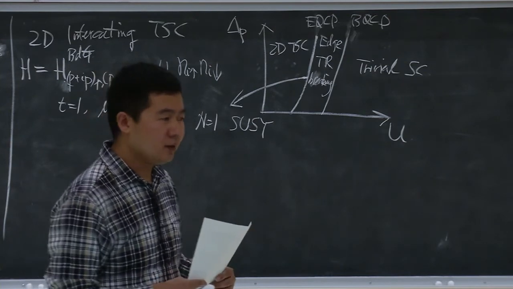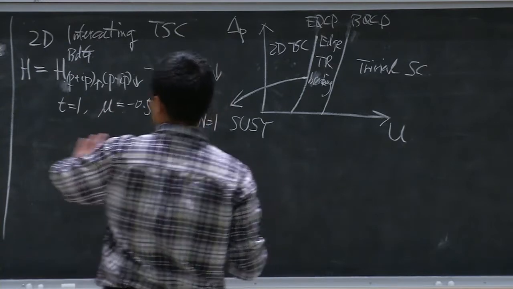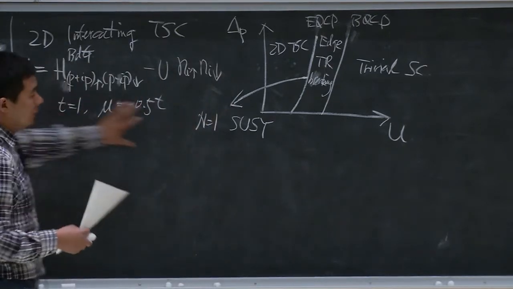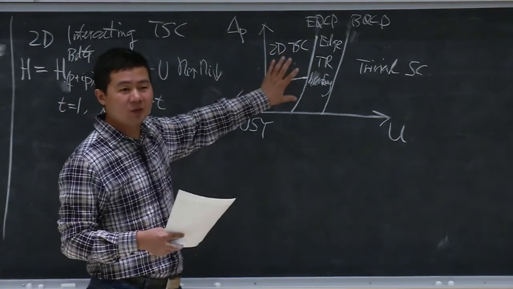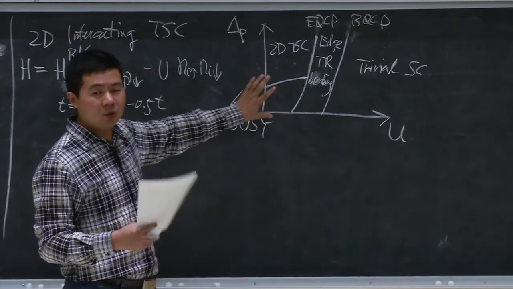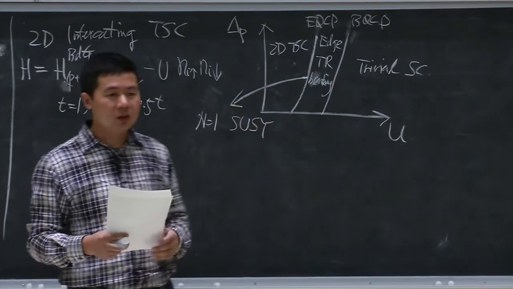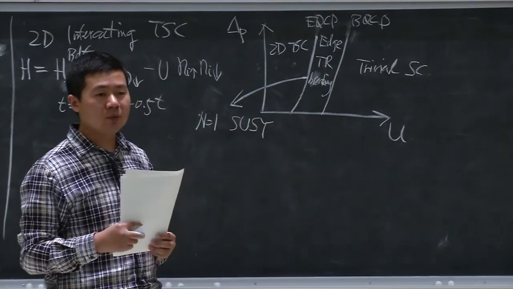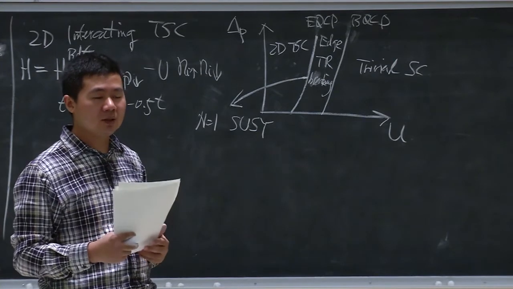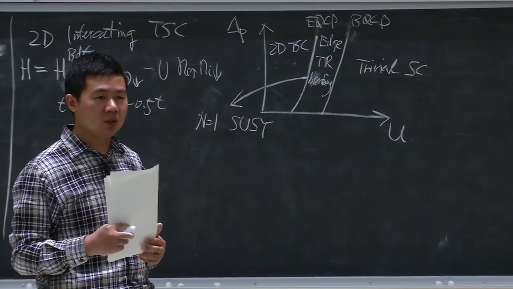So here, sorry, all the phase diagrams I drew here are zero temperature quantum phase diagrams. For quantum Monte Carlo, there's an algorithm called the projector algorithm, which really studies the ground state properties of the system.